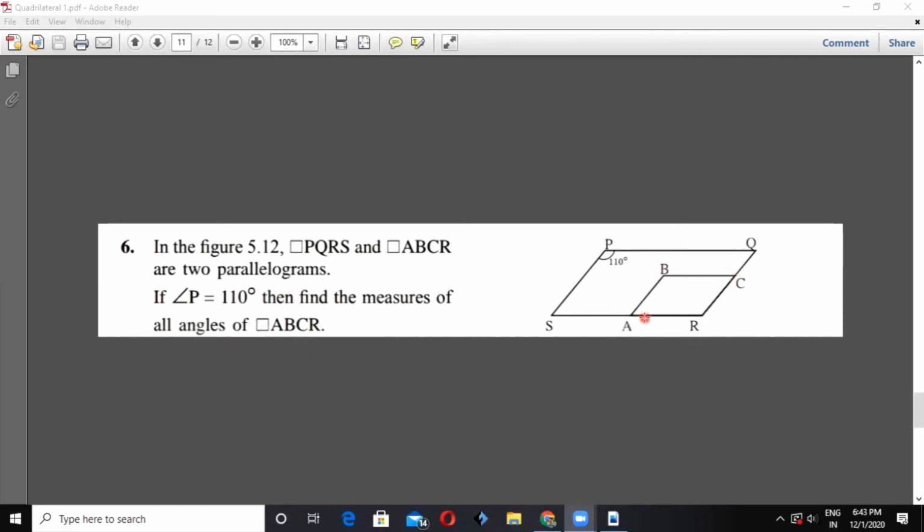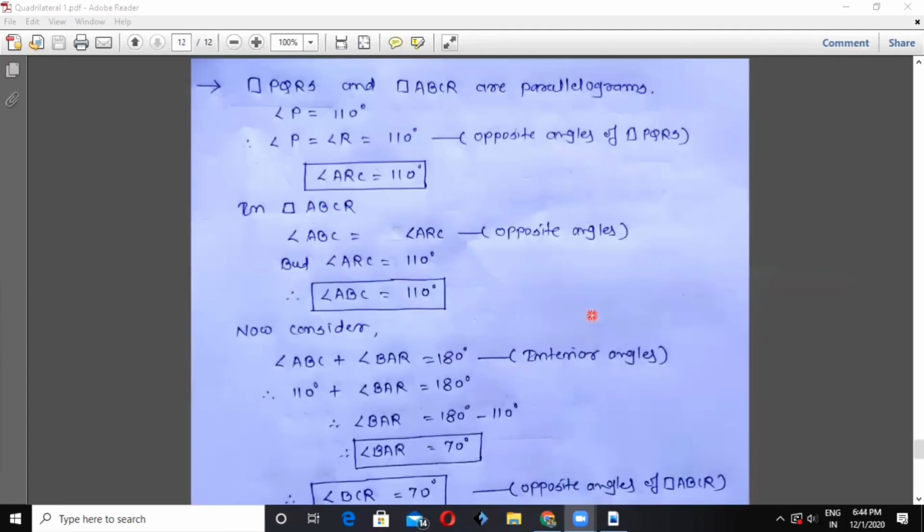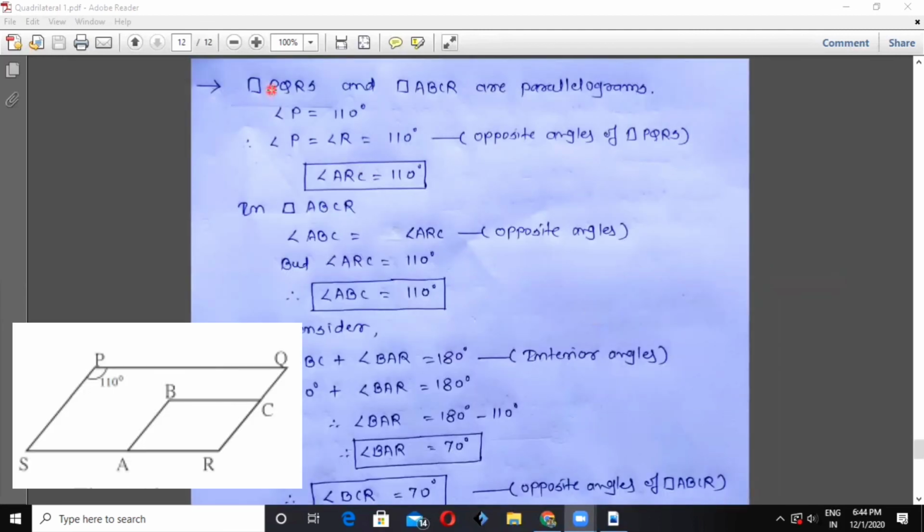So for this one, we have to find measures of all of these four angles. So let us consider firstly the given statement that quadrilateral PQRS and quadrilateral ABCR are parallelograms, and angle P is equal to 110, that's given.